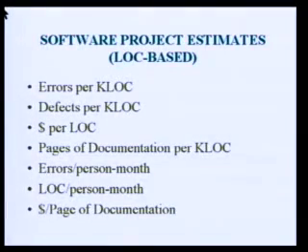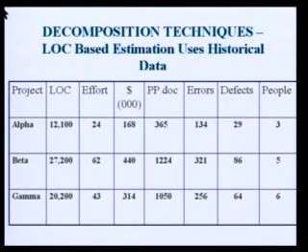The final software project estimation is dollars per page of documentation. So what is the cost for each page of documentation? Even for a page of documentation you have to calculate the cost. So let us see, $168,000 for 365 pages of documentation, 168,000 by 365.